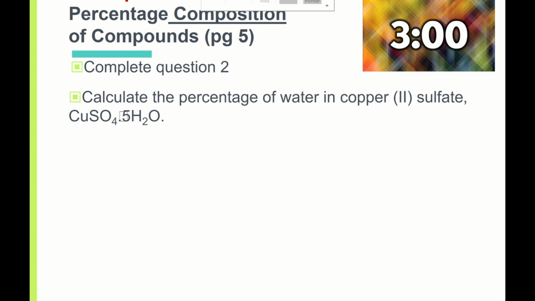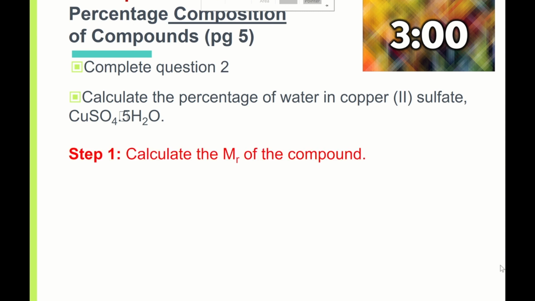For the next question in your notes, page 5, let's try this question. The question will tell you what the compound is. If the question never gives you the formula, the first step is of course to find out the formula. Otherwise, the first step is always to calculate the Mr, to find the total mass.